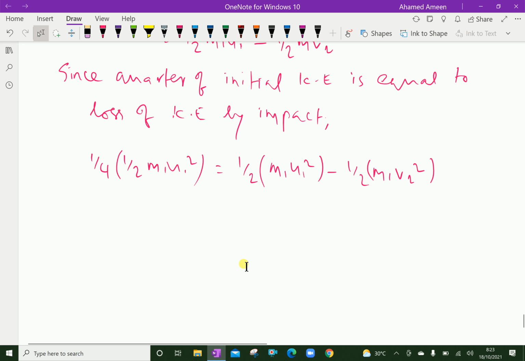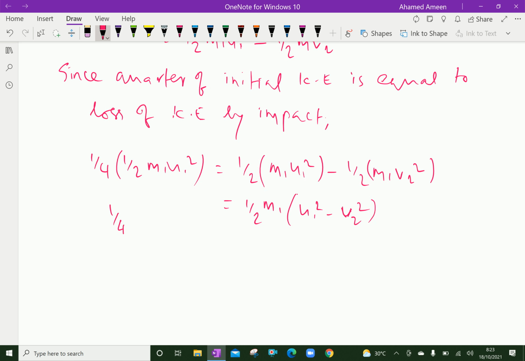Now here we take out half. Both balls are of equal mass, therefore take m1 common: u1 squared minus v2 square.